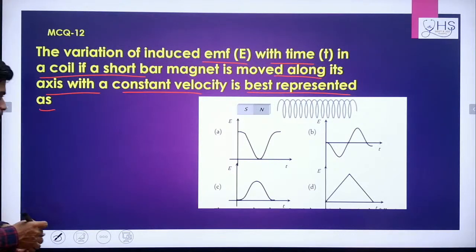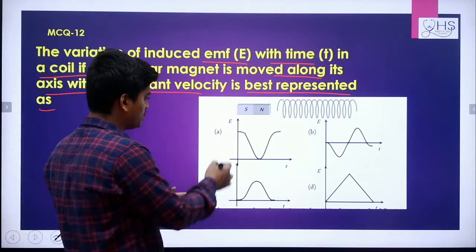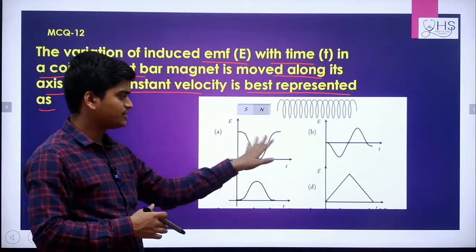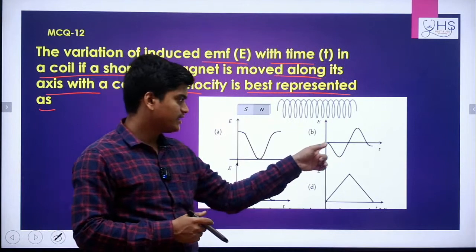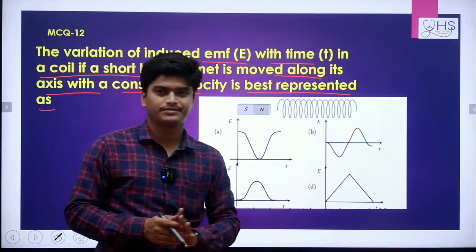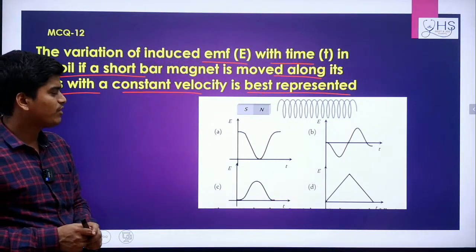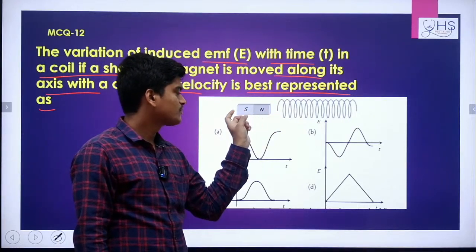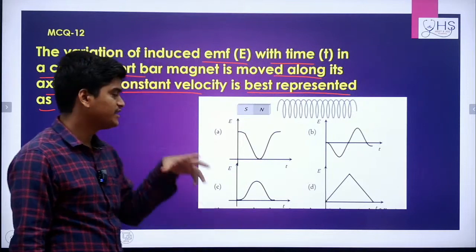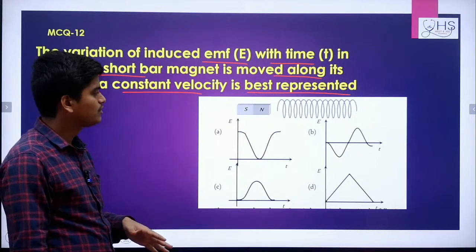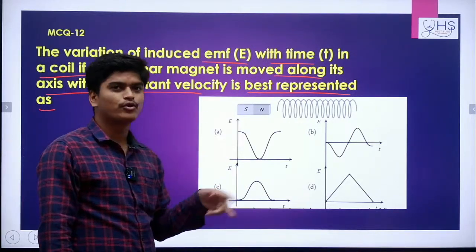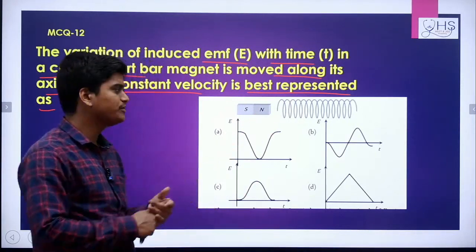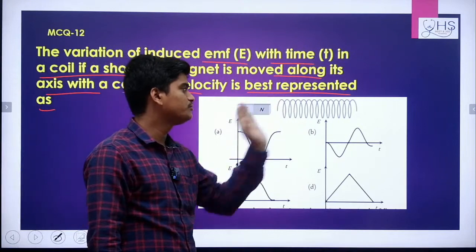Now listen, in the graph you will see that normally options A, C, D are given with everything positive. But in B there is some negative and some positive. So what will happen is, whenever this magnet comes inside the solenoid, there is an increase in flux. So at that time induced EMF will be produced in such a way that it will try to oppose that, and one direction of induced EMF or induced current will be there.